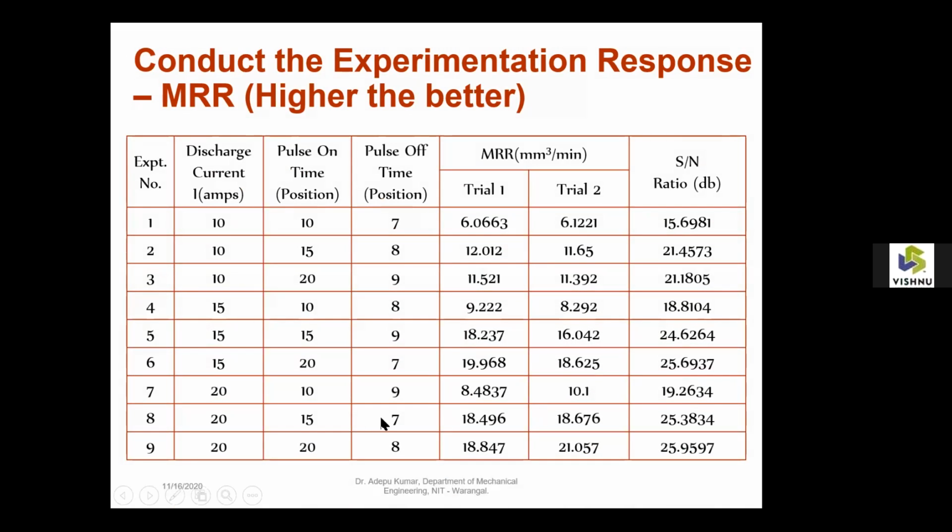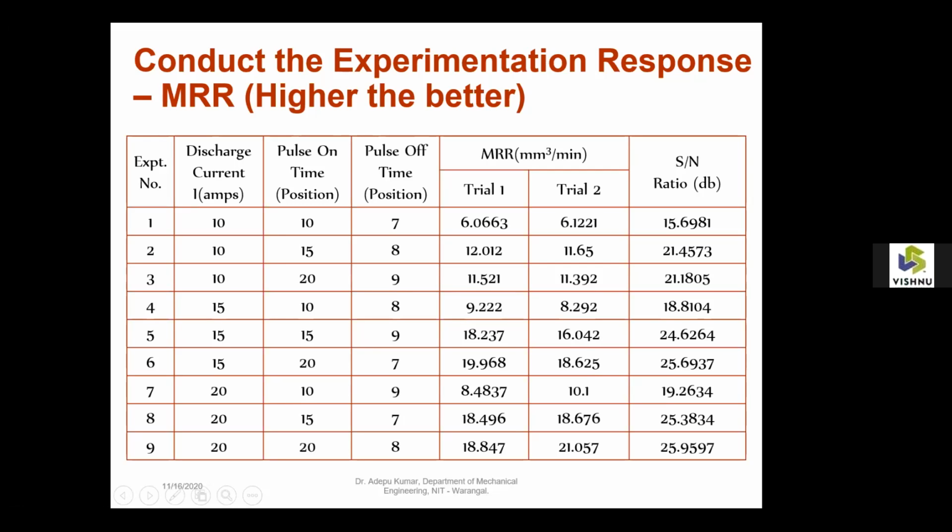So C is 7, 8, 9. C being insignificant means whatever value you take, either 7 or 8 or 9, there is not much difference. So insignificant means, as understood by this analysis, whether you consider 7 or 8 or 9, there is not much deviation in performance.